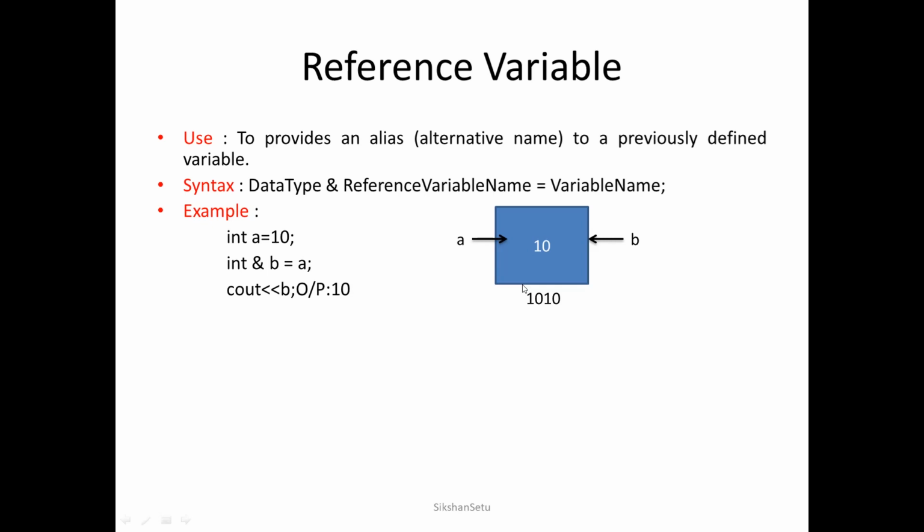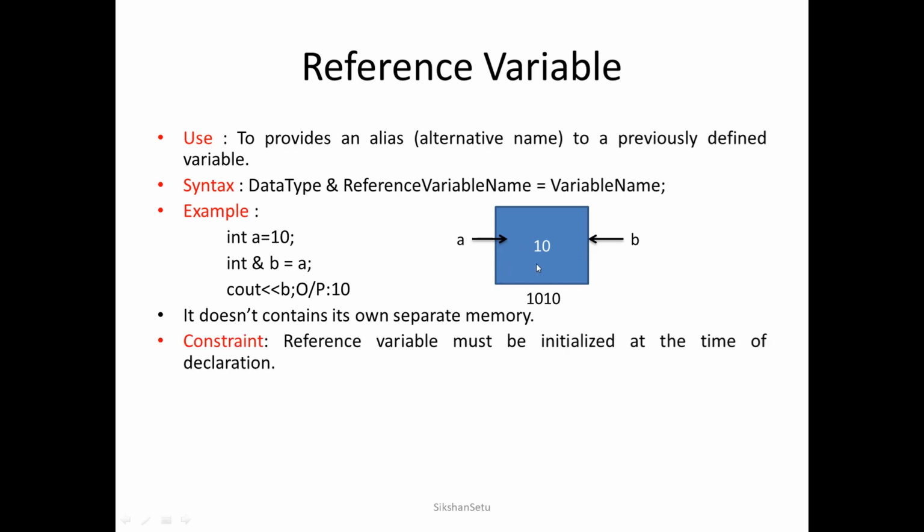So a reference variable does not contain any separate memory. Now this memory location 1010 can be referred to either by A or by B. If I write cout A, I will get the answer 10. If I write cout B, I will get the answer 10. So both A and B refer to the same memory location.